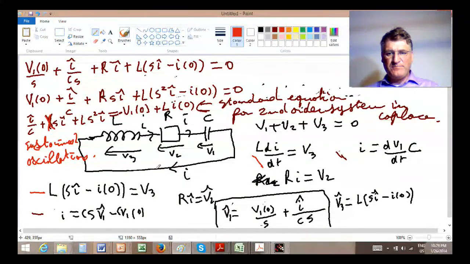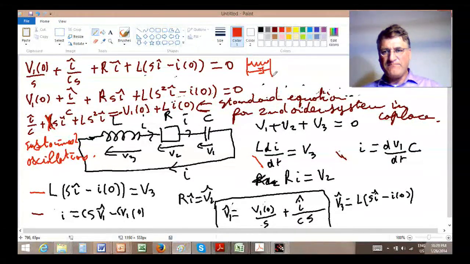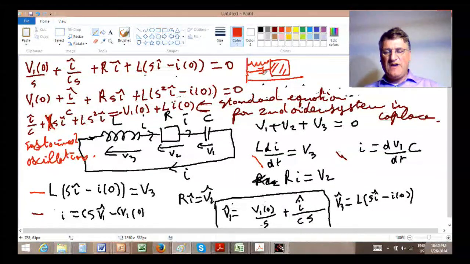Alright, so this is our first electrical dynamical system, and it is, as I said, the mass spring system of electrical engineering. It has the same equations as that of a mass spring system.